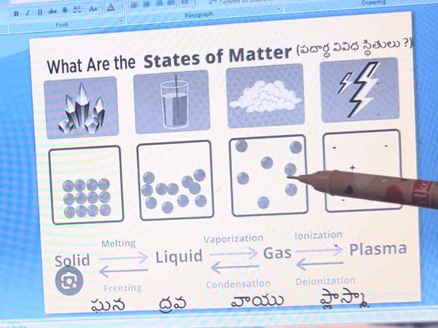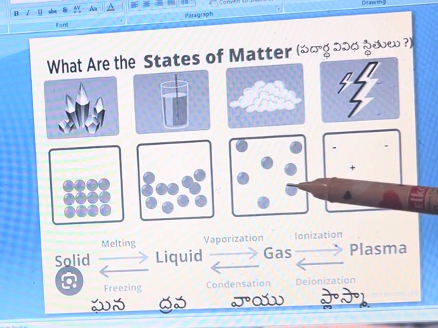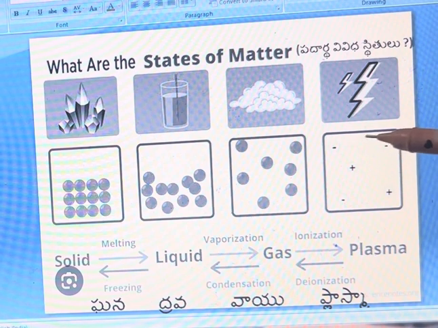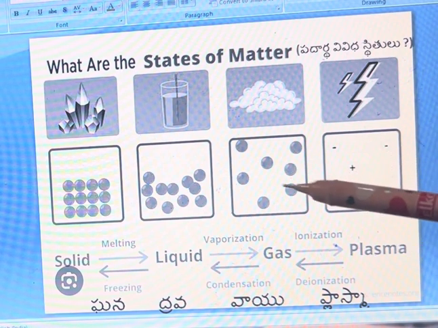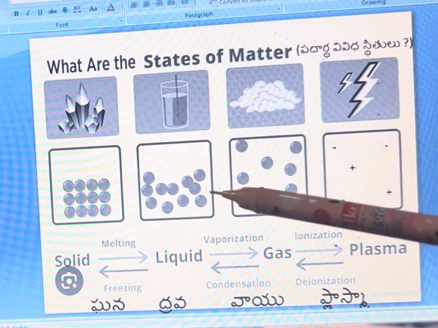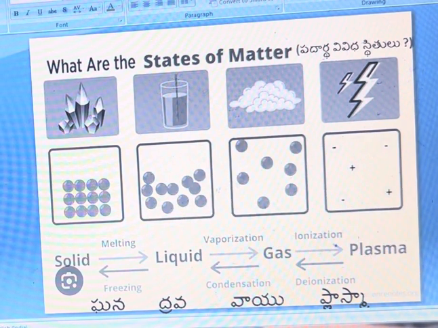If you subject this gas to ionization, you will get plasma, the positive and negative ions. So, these are the various states of matter.